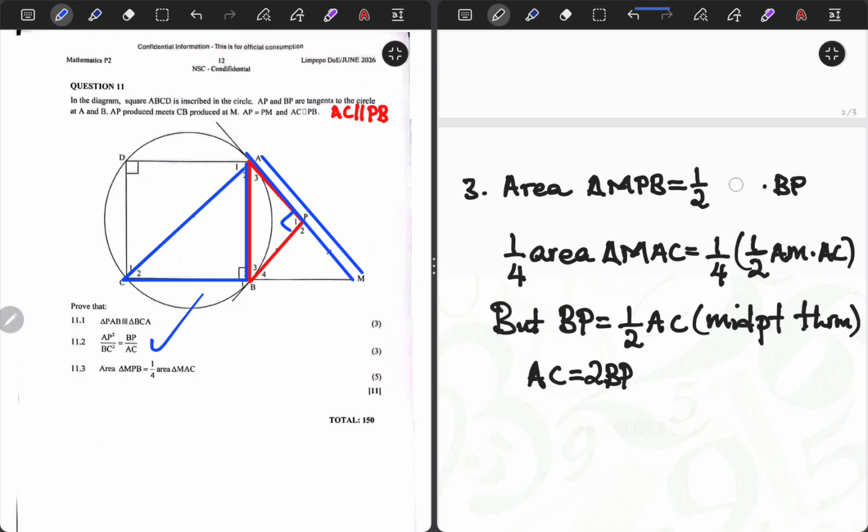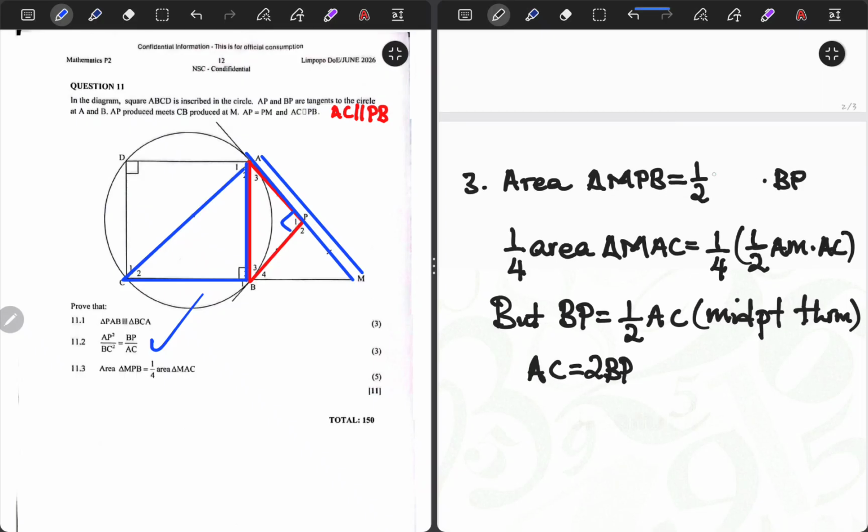Let's make base be MP, and let's have the other base be AM.